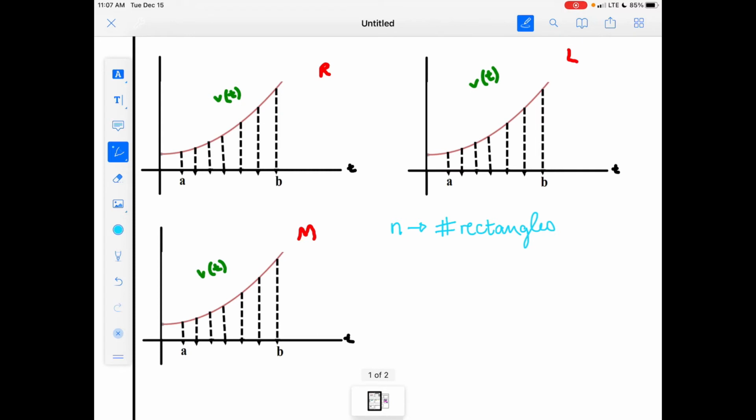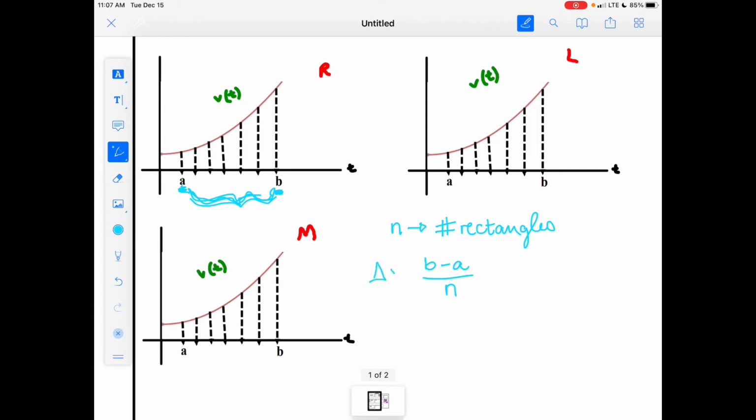If we are working over an interval from A to B and all of our rectangles are evenly spaced, then the width of each rectangle is going to be B minus A divided by n, because we know this interval right here is B minus A. If they're asking us to use 2 rectangles, the width of each one would be B minus A divided by 2. 5 rectangles would be B minus A divided by 5. n rectangles would be B minus A divided by n.